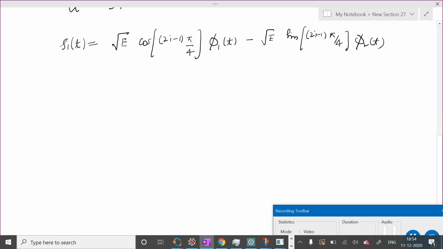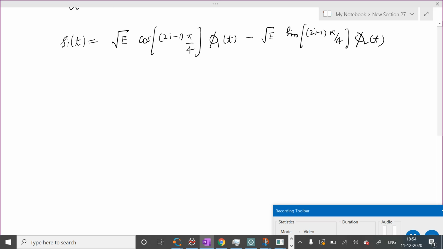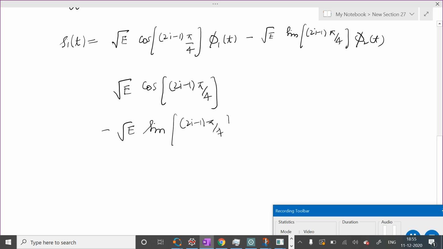So we can treat phi 1 and phi 2 as equivalent to unit vectors. Then what are the components? The components are root E cos((2i minus 1) pi by 4), and the other component is minus root E sin((2i minus 1) pi by 4).